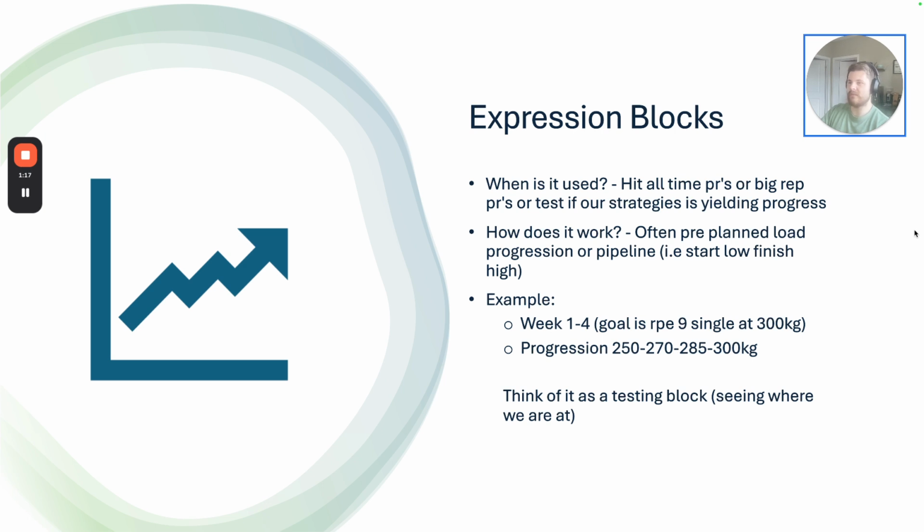Well, typically we'll do a lot of pre-planned load progressions, and this can happen during building blocks as well, but typically we'll have a quote unquote pipeline for these expression blocks, where if we start really low, or at an appropriate load to start the block, we finish higher. So for example, if you're aiming to squat a 300 kilo single, you might start with weeks 1 to 4, the goal being an RPE 9 at 300, where you start with 250, 250, 270, 285, 300.